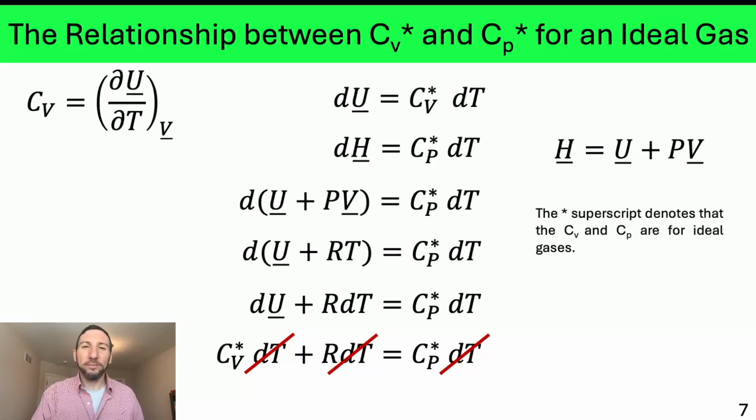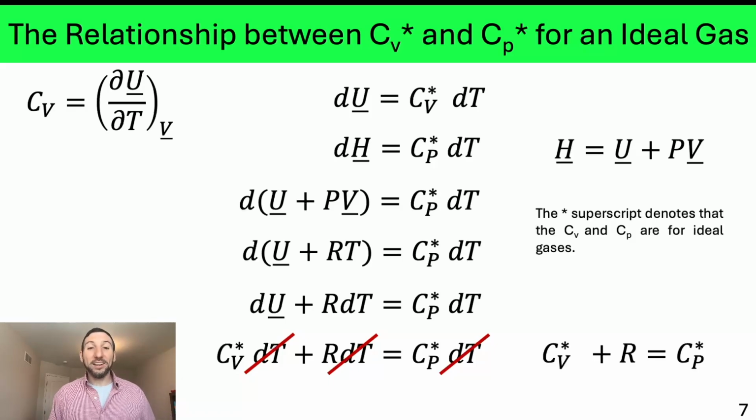We're just jumping a couple steps to get to that outcome by canceling out our dT's. So ultimately, because we cancel out our dT's, we're going to end up with Cv star plus R equals Cp star. And again, this is for ideal gases only, but it's pretty exciting that we're now able to relate our constant volume and constant pressure heat capacities together in this simple equation.